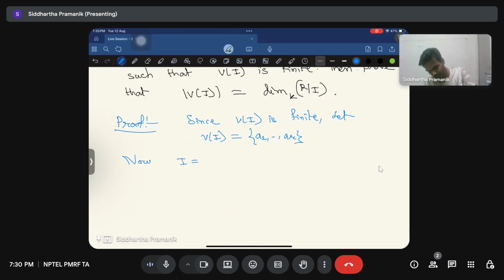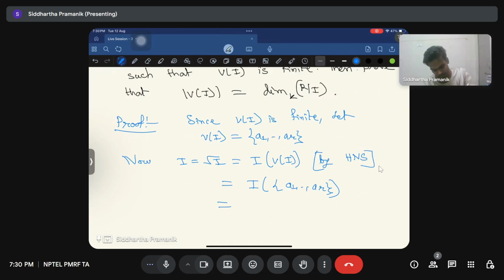So I equals the radical of I, and this equals the ideal of the variety of I. This is by Hilbert's Nullstellensatz, because our field is algebraically closed. Now this ideal of V of I is basically the ideal of these points A1 up to AR.